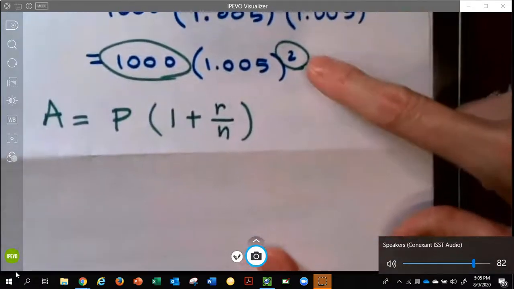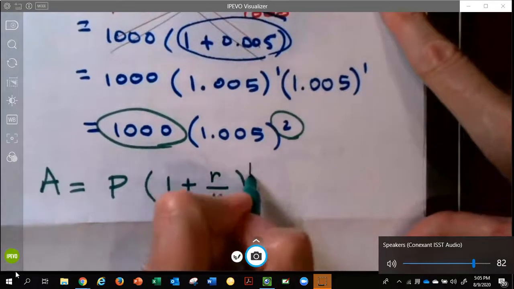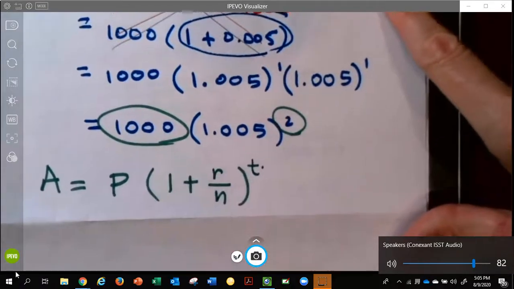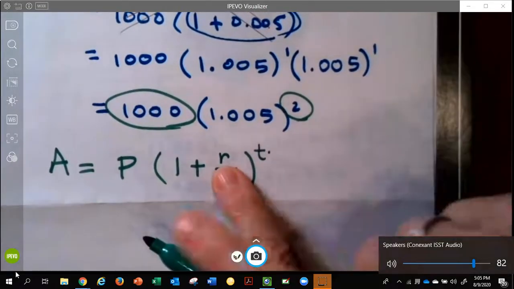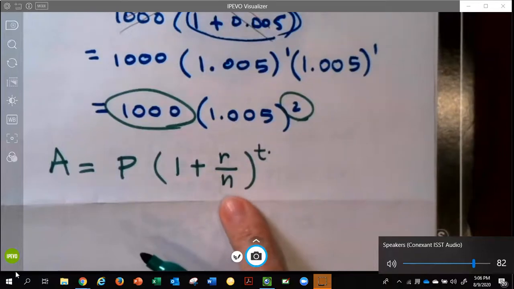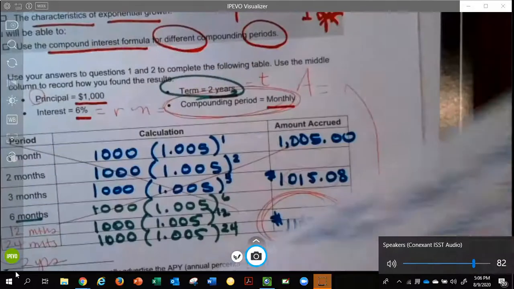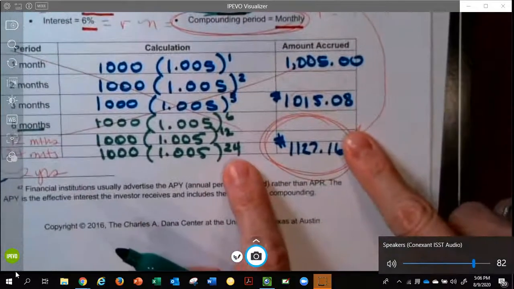So we're almost done, except what about this number up here? This number up here is going to still involve T, because you had T in your last formula, remember? P times 1 plus R up to the T power, and T must be in years. But in this case, we got to bring in the compounding periods, and I'll bring you back to this one right here. 24.